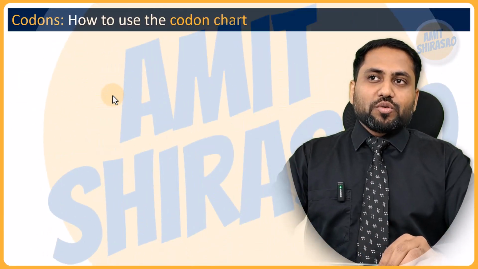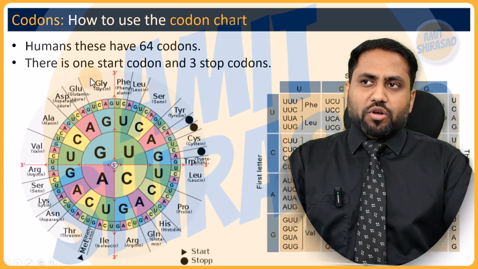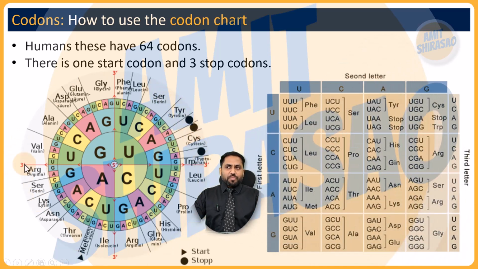Now, codons, how to use a codon chart. A codon chart comes in the form of a pie chart or in the form of a tabular chart. So how to use it? Suppose a codon is AUG. The first letter you have to select here, A. Then the second letter is U. So A and U, this is the square in which you have to check. And inside this you have to see, what is the last one?